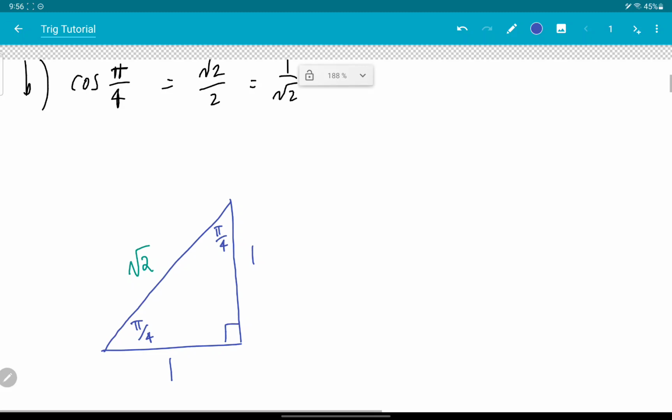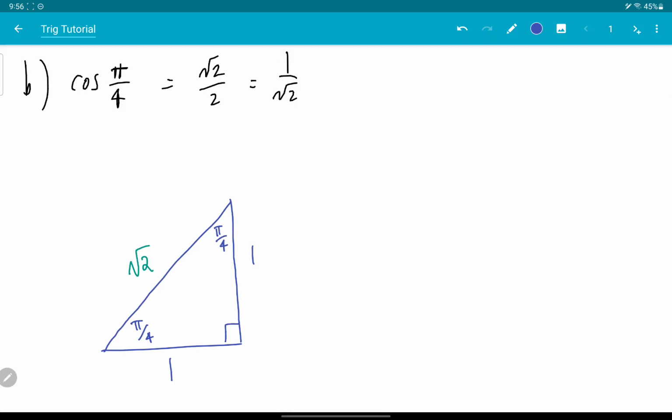All right, so from this triangle, I can very quickly read off cosine, which is CAH. Cos is adjacent over hypotenuse. So for this guy here, adjacent is 1, hypotenuse is root 2.